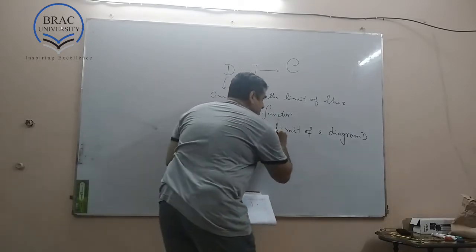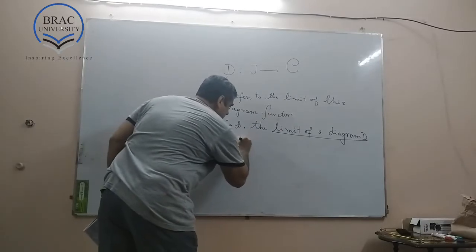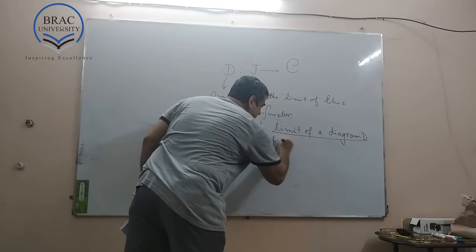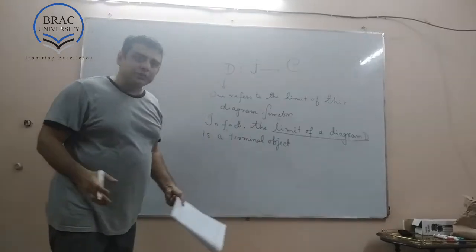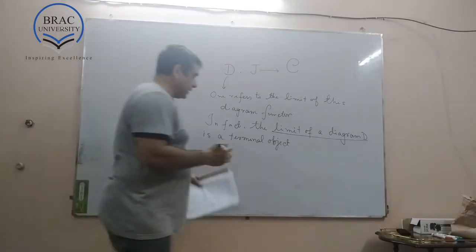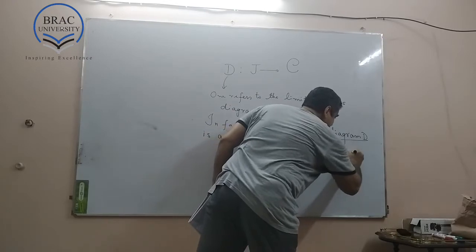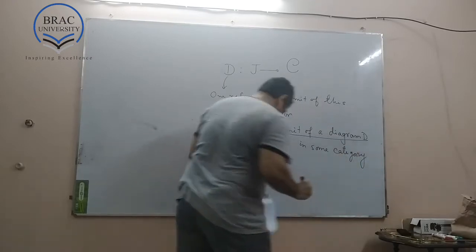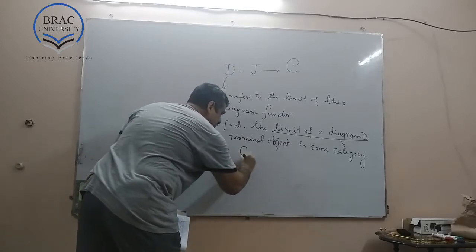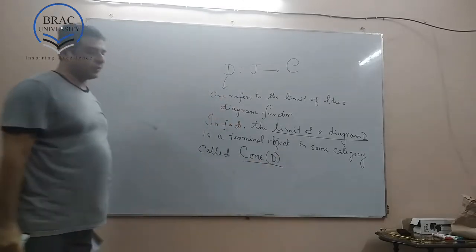I mean that the limit of the diagram D is a terminal object of some category that we call the category of cones.